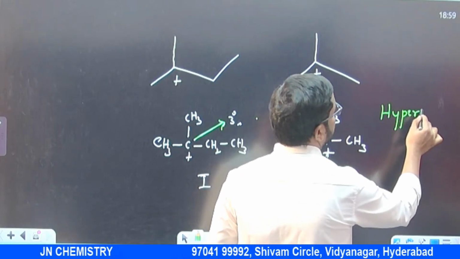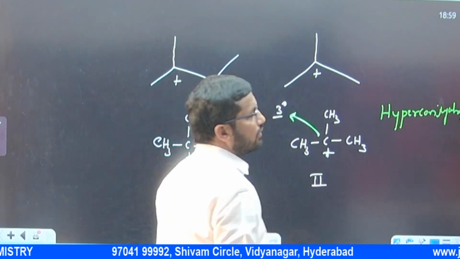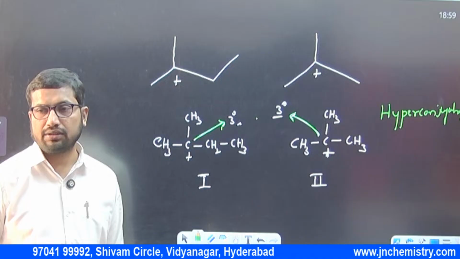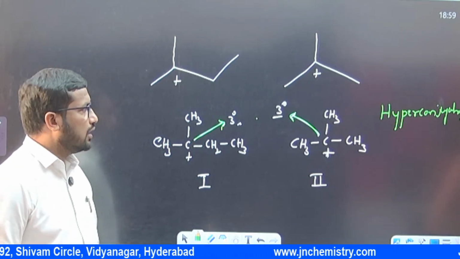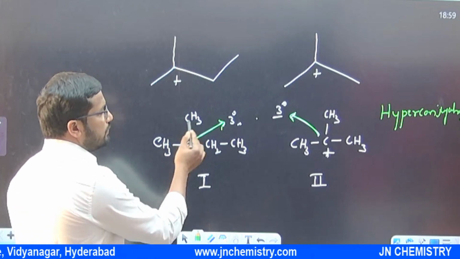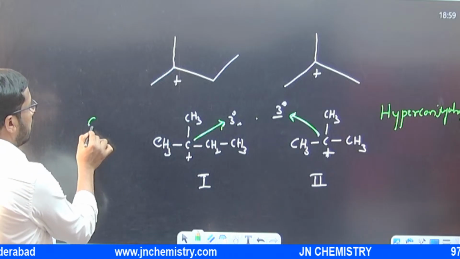Hyperconjugation. Hyperconjugation means the carbons adjacent to the carbocation are called alpha carbons, Nana.